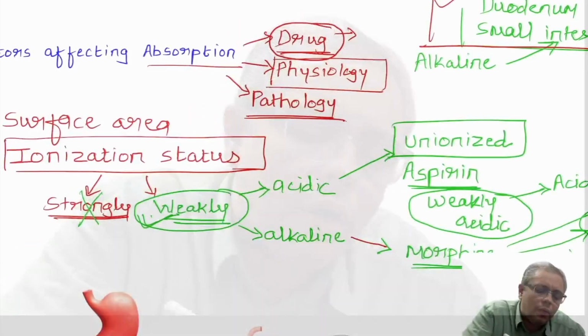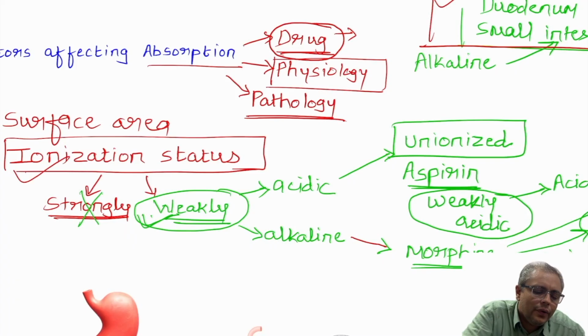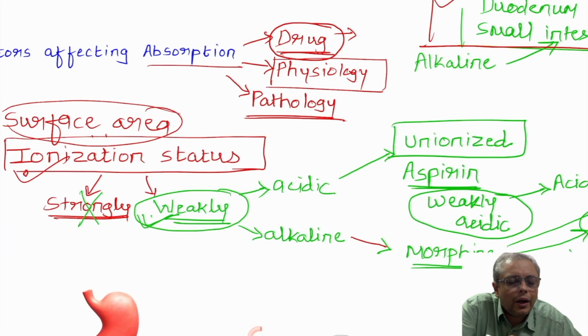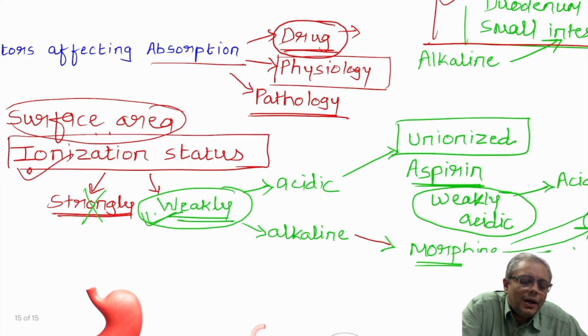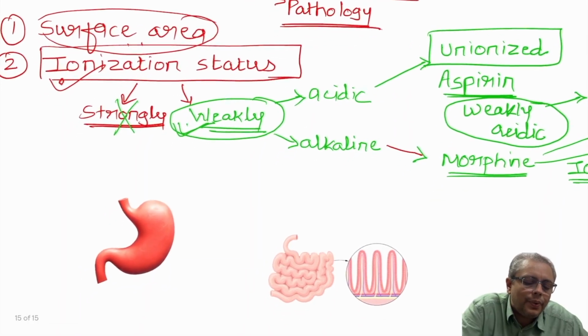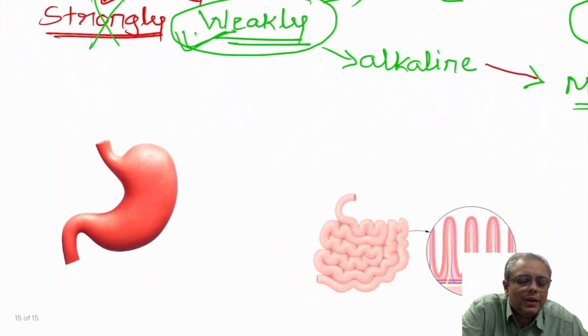So there is another factor that I have told you, the surface area. So we have covered this ionization status. Now the next is the surface area. Okay, it is very obvious that the larger the surface area, the more will be the absorption.